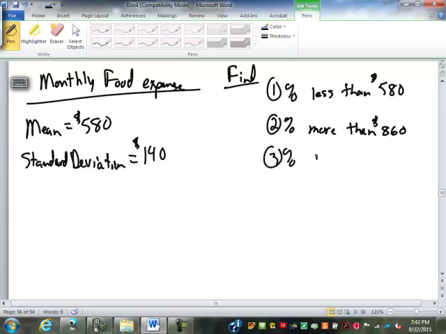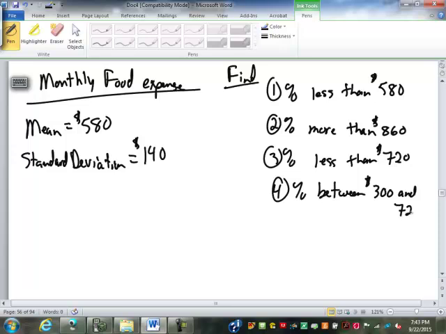The percent that spend less than $720. And the percent that spend between $300 and $720. So find those percents for me.